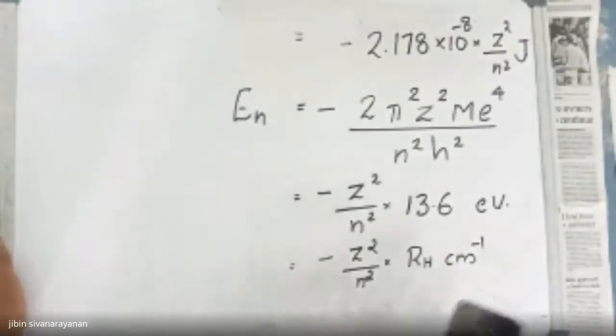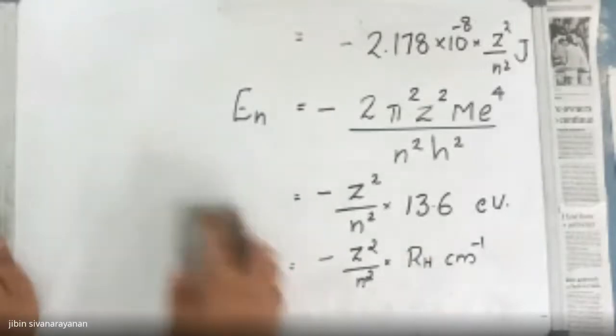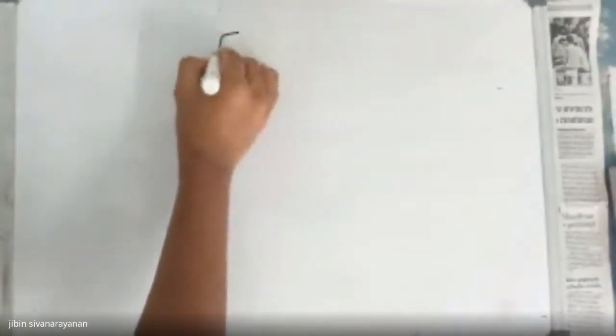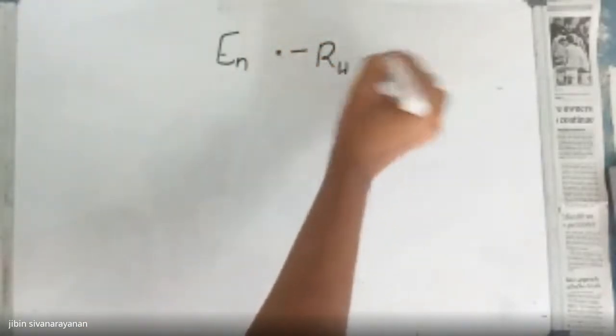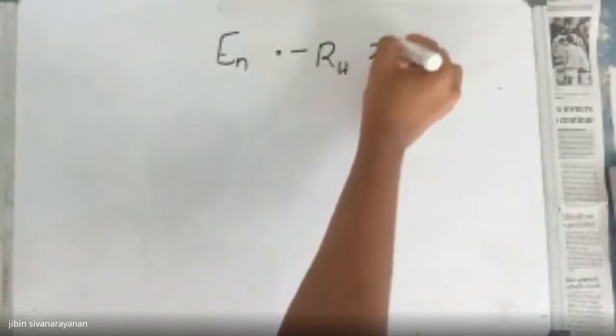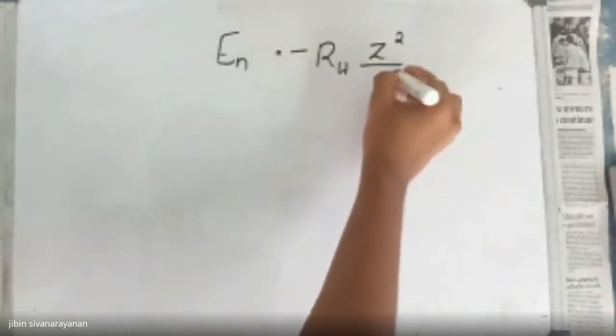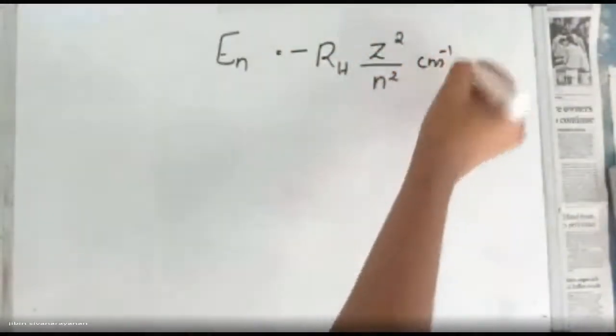So from this, I'm going to derive another equation that you people might know. I'm starting with energy in centimeter inverse. That is minus RH Z square by n square in centimeter inverse.